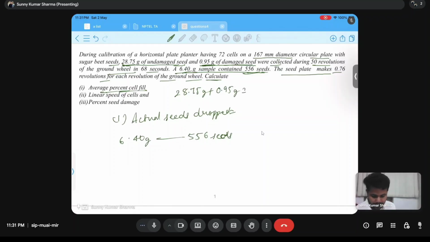Adding 28.75 plus 0.95, we get 29.7 gram.